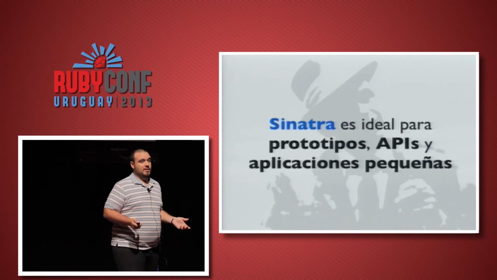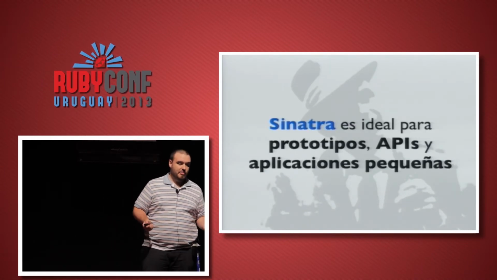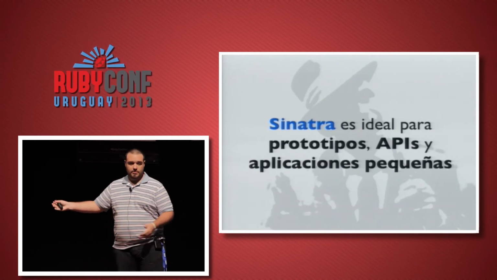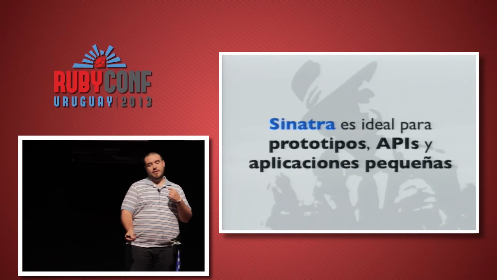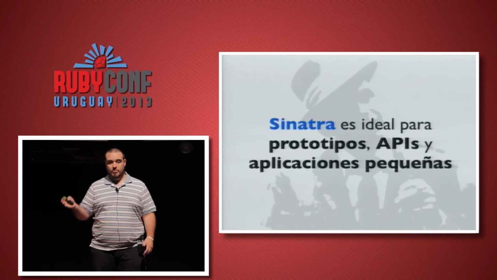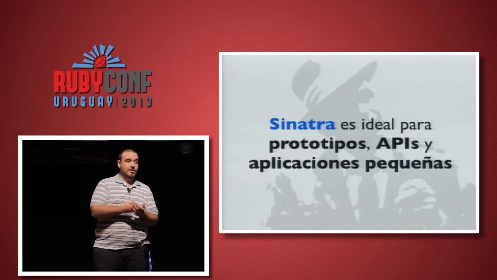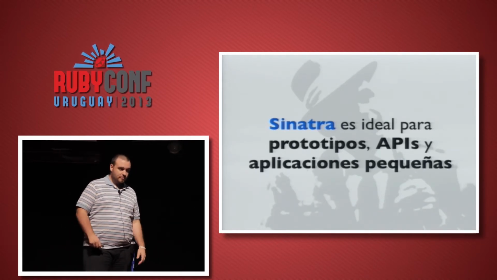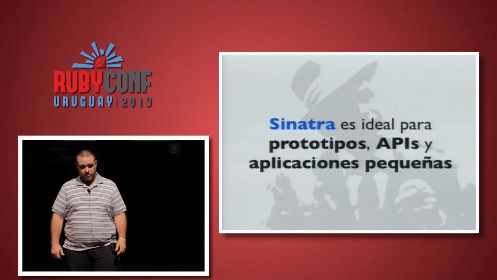So Sinatra doesn't decide anything for us. So what do people usually think? People think that Sinatra is ideal for prototypes, when I have to do something quickly and show it to a customer, I do it with Sinatra because I don't have to use databases or Rails. Or for APIs, where I can take a Sinatra application and mount it on Rails, and use Sinatra for small apps.